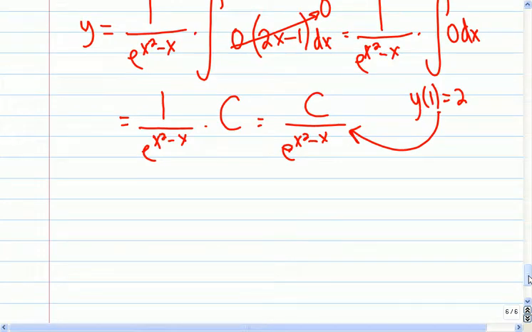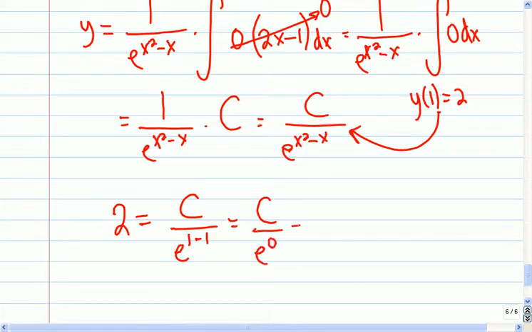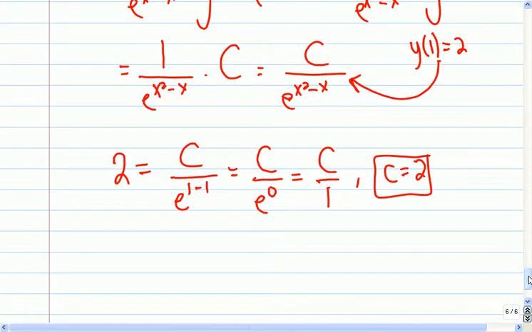So this means that 2 equals c over e to the 1 minus 1. So that tells me that c must equal 2. So the constant in the original example would have been 2, and I would have an answer for this particular solution as 2 over e to the x squared minus x.